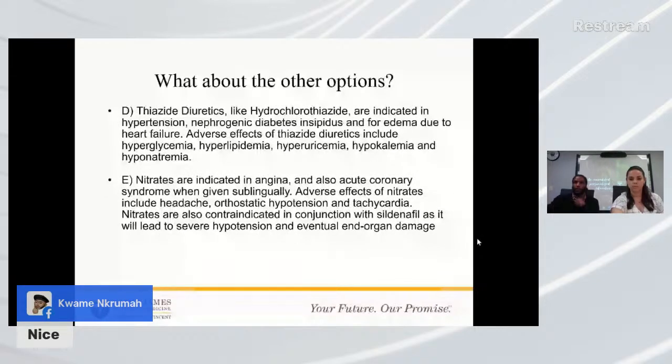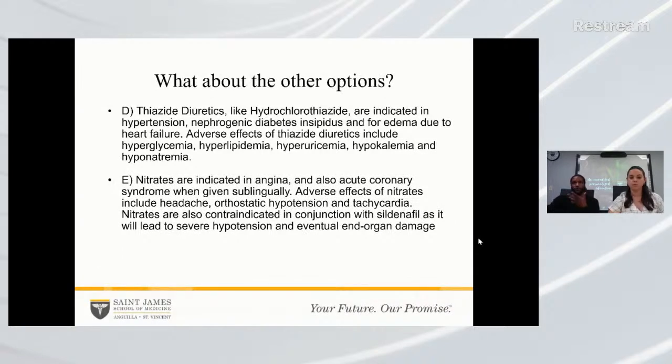So the other two drugs aren't acting on the renin-angiotensin-aldosterone system, but as there were answer choices, we want to go through them. Thiazide diuretics, so classically hydrochlorothiazide, are used for hypertension, nephrogenic diabetes insipidus, so not diabetes mellitus like this patient had, and for edema from heart failure, just to get rid of fluid and sodium.